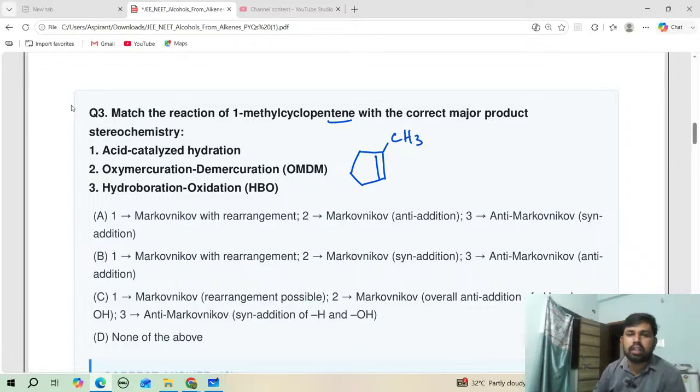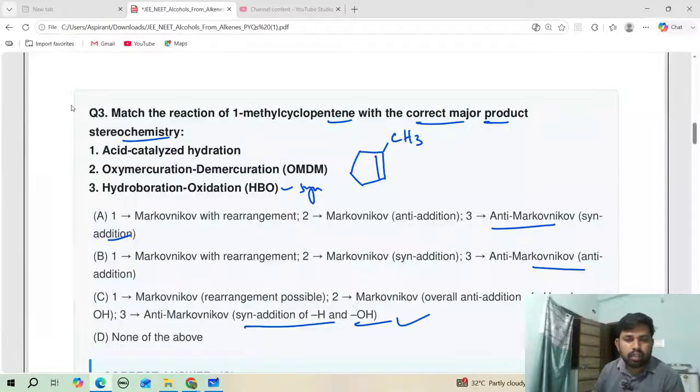For this one, what is the correct major product? Just now we discussed that hydroboration gives syn addition, anti-Markovnikov. Syn is there. So this is Markovnikov's reagent, possible as reagent here.